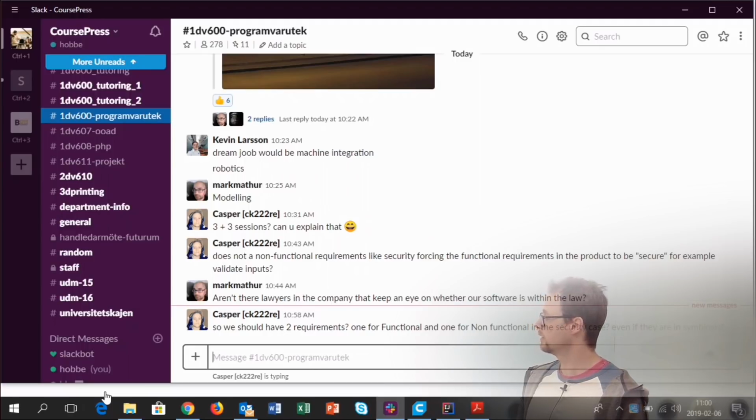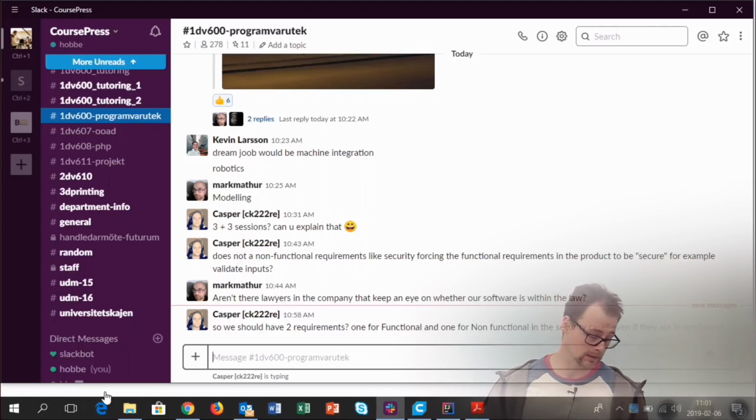So I think that writing down a security requirement would probably render a lot of more or less functional requirements regarding validation of input, regarding user accounts, regarding security of servers, processes, and documentation on how the server should be secured, what updates can be applied to the server, and so on and so forth.